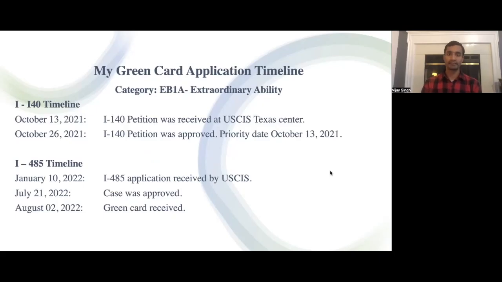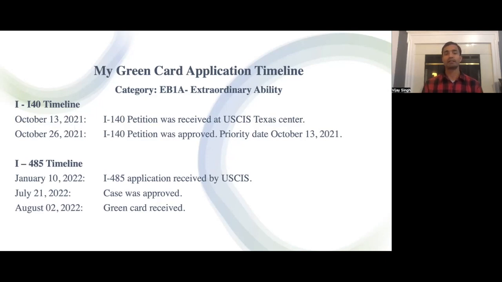Okay, now that we understand this process, let's see my timeline. So this is my green card application timeline. I first sent in my I-140 application. I sent in my application in early October and it was received by USCIS on October 13th, 2021.